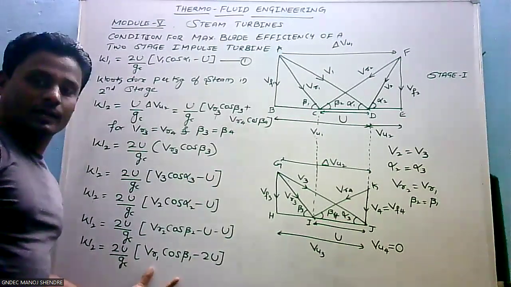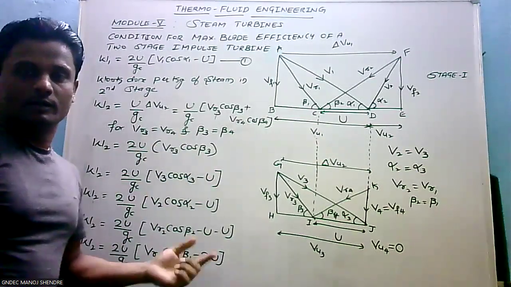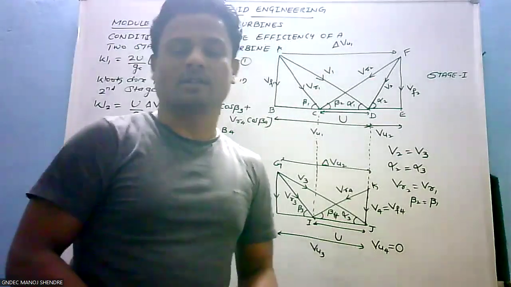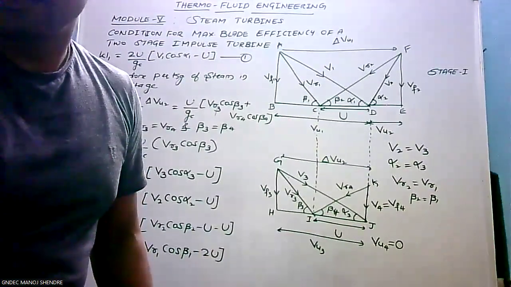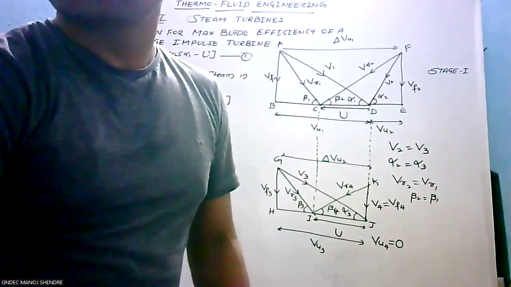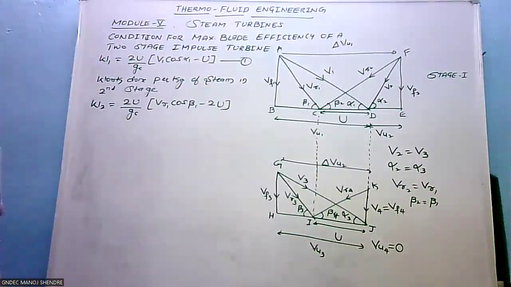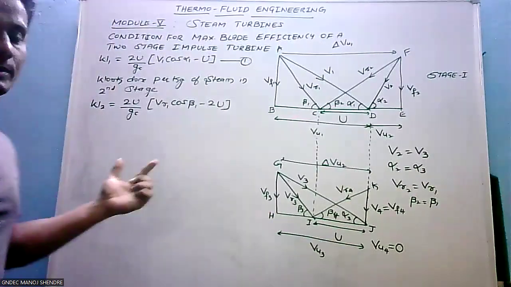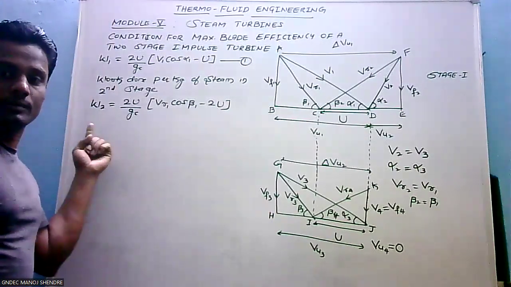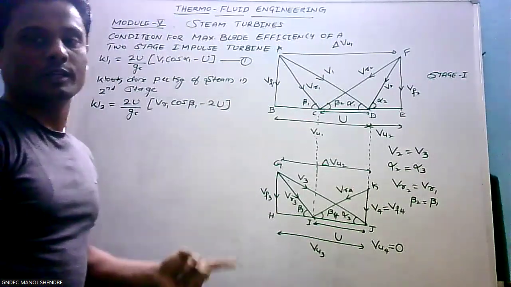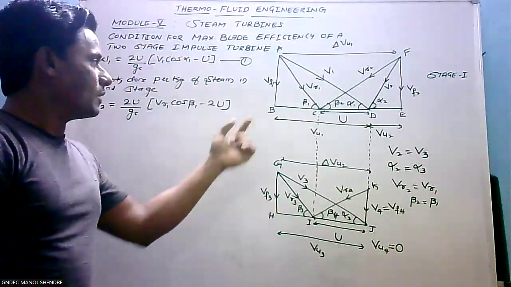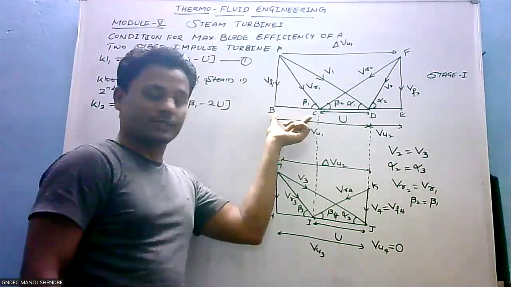Okay. Let me rewrite this equation here. I have written the same equation from the last step. W2 equals 2U by GC into VR1 cos beta 1 minus 2U. Again, VR1 cos beta 1 is BC.